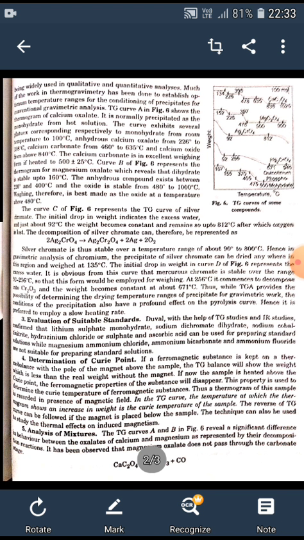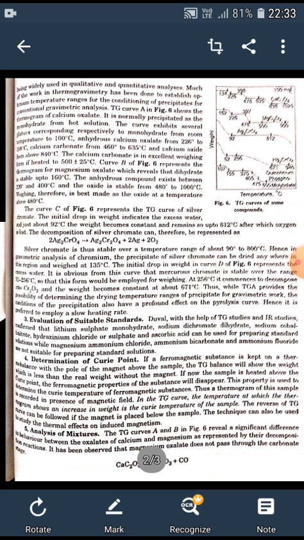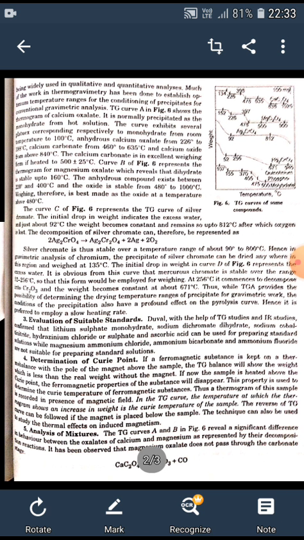This property is used to determine the Curie temperature of ferromagnetic substances. Thus, if a thermogram of a sample is recorded in the presence of a magnetic field, the temperature at which the thermogravimetric curve shows an increase in weight is the Curie temperature of the sample.